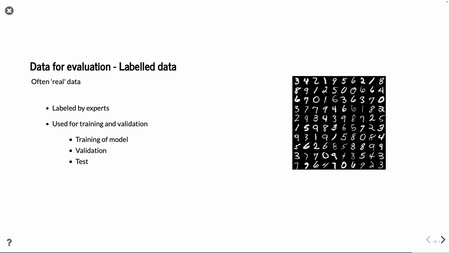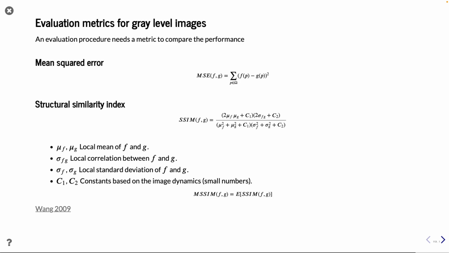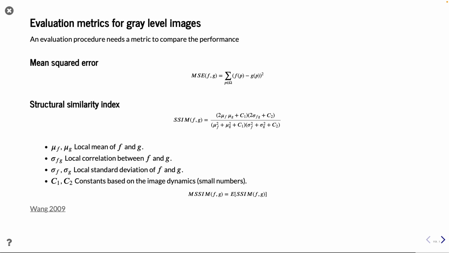Then we also have the data that we saw last week, the MNIST digit database, which also has label data, which can be helpful in this task. And for the quantitative part, we want to have some kind of metrics, and the typical ones used are the mean squared error, which is a very simple one.